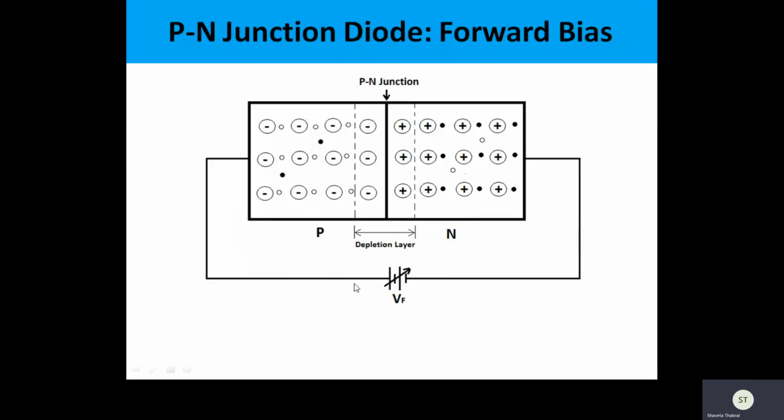So this voltage, the knee voltage, is the minimum amount of voltage after which the potential barrier breaks down and a significant amount of current starts to flow in the PN junction diode. The direction of current is from P to N, because electrons move from N to P, and the direction of current is opposite to the direction of electrons.